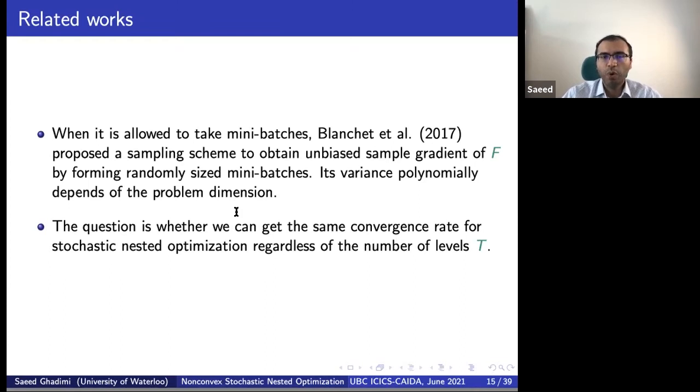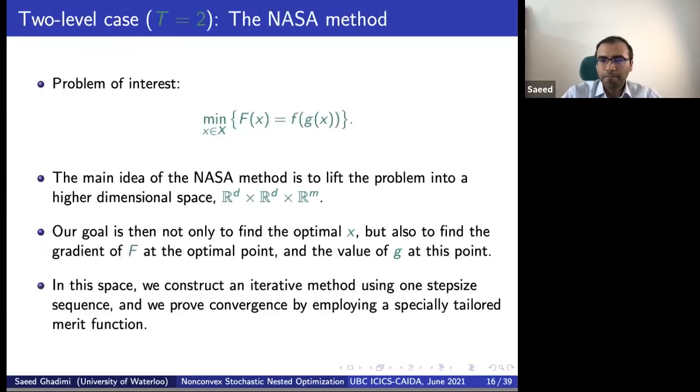If t is greater than 1, people have developed some algorithms and got convergence rates, but all of them are worse than the counterparts when t equals 1. So in this talk, I want to answer this question. Feel free to ask questions and stop me whenever you have any question.